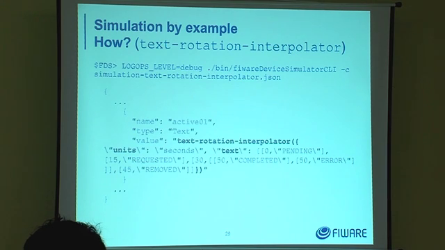Once again, as you can see, you can specify the concrete second where the incidence is evolving to a concrete status. We also use this interpolator to model parking slots, to specify when the parking slot is free or occupied. You can use it to your needs anyhow, any place you need to generate textual data.